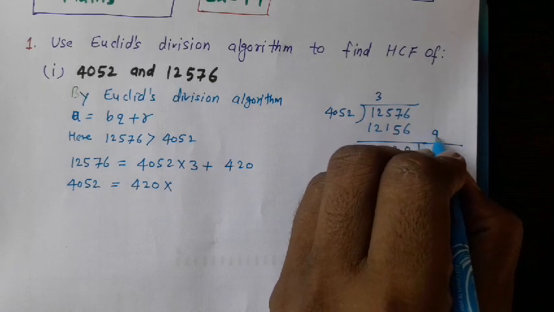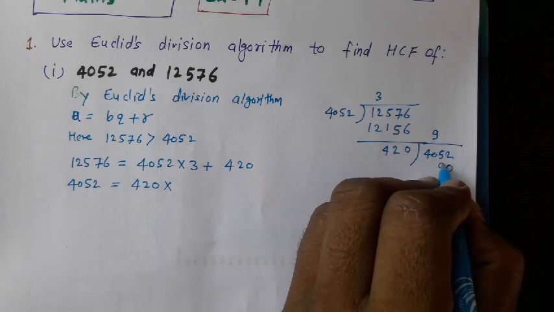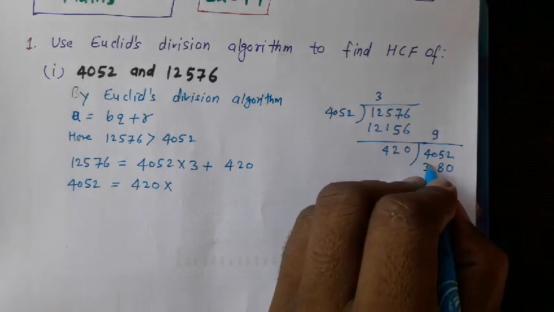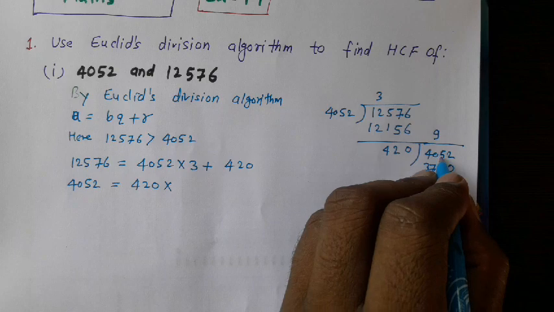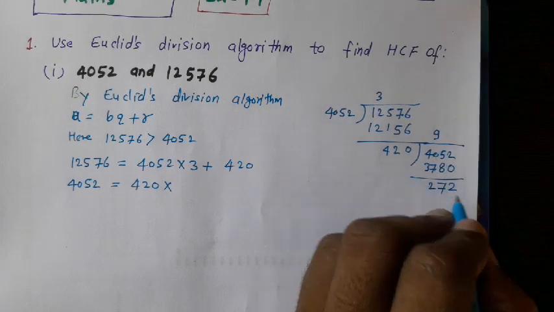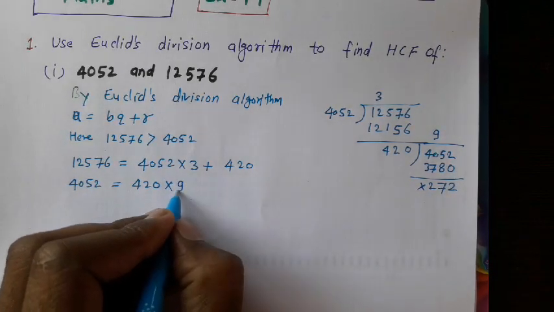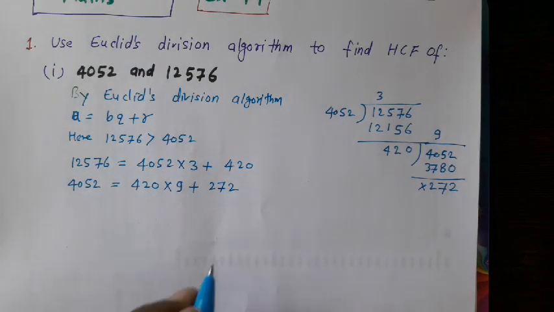So you take 9: 9 0s are 0, 9 2s are 18, 8 carry 1, 9 4s are 36, 37. After subtracting, 15 minus 8 is 7, 9 minus 7 is 2, so 272. Again the quotient is 9 plus remainder 272. The remainder is not 0, we continue this process.